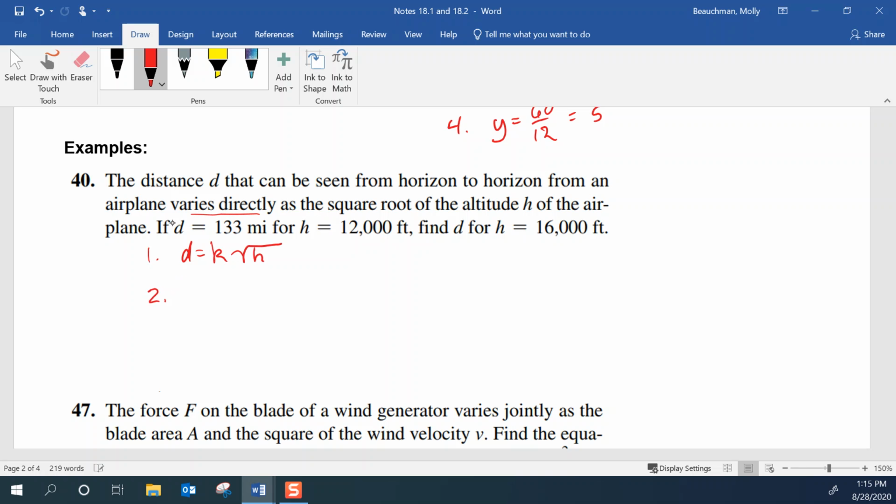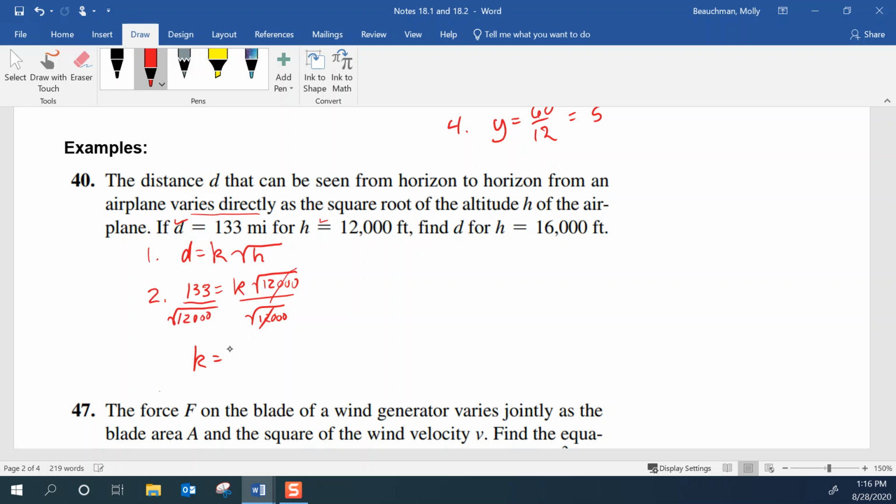Step 2, substitute the values given. 133 is equal to k times the square root of h, which is 12,000. We're going to use this equation to find k. Divide both sides by the square root of 12,000.